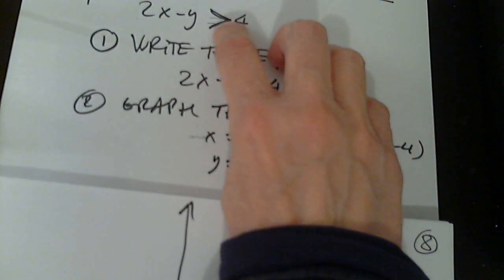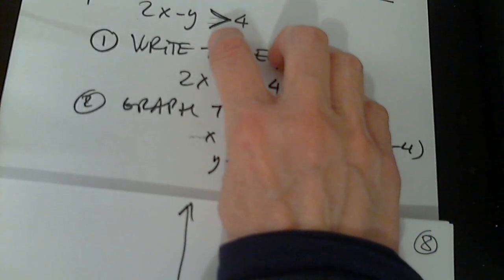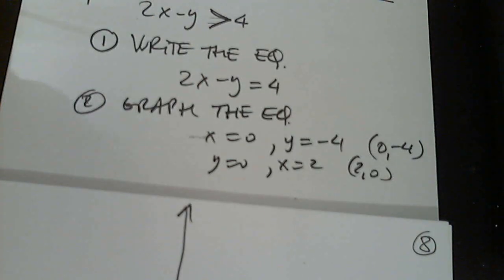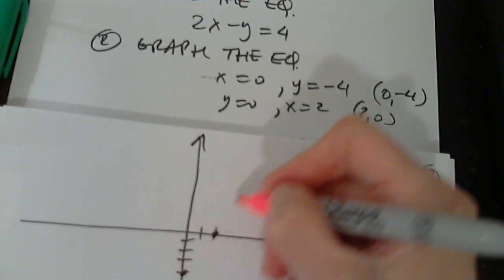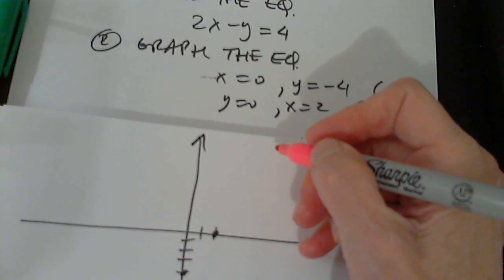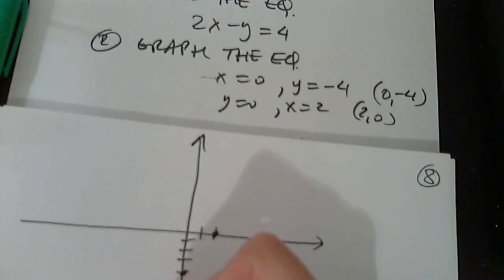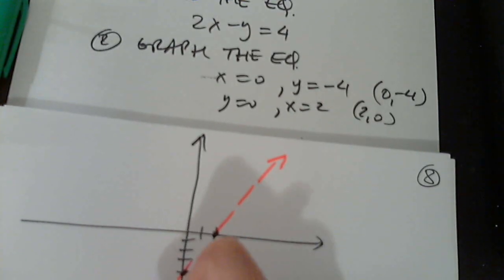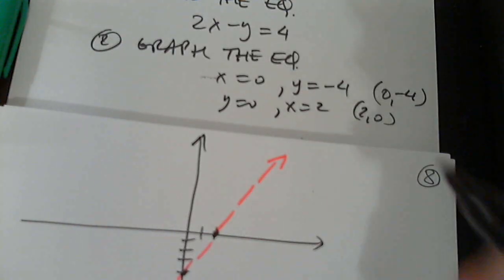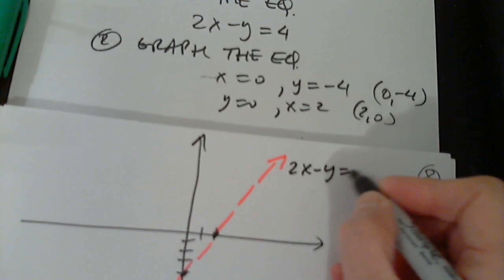The inequality symbol does not have the equal symbol. Because it does not have the equal symbol, I cannot draw the equation as a solid line. So I'm going to draw it as a dashed line. I'm going to write the equation next to it. 2x minus y equals 4.